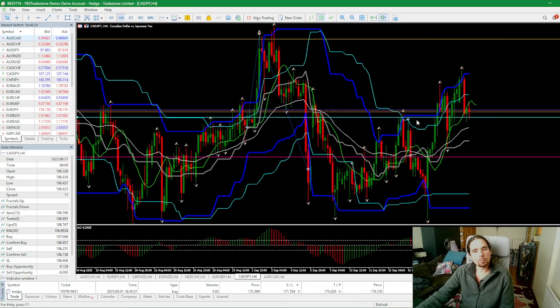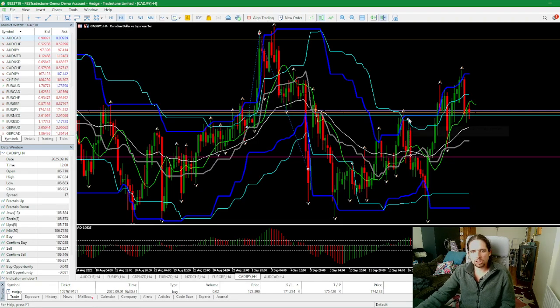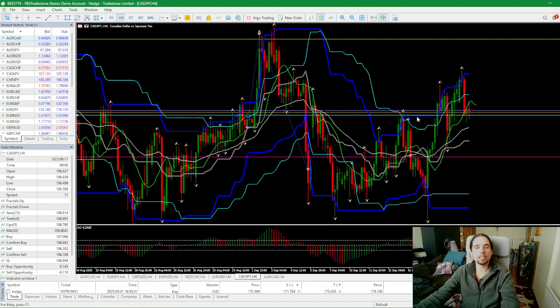So maybe one point is I could have moved my entry point a little bit higher, to give it more of a resistance. I think I put it just below resistance, and it didn't hit the resistance, and then it went back down. If I had it at resistance, it wouldn't have even gone down. I wouldn't have lost out in the trade.